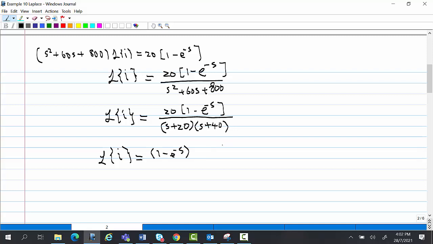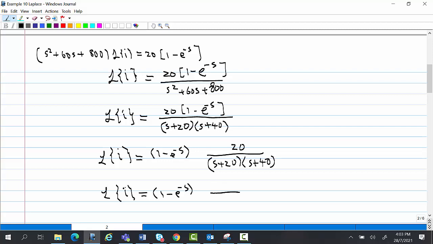Then here 20 over (s plus 20)(s plus 40). Then you do a partial fraction. This is actually (1 minus e power minus s) times A over s plus 20 plus B over s plus 40.